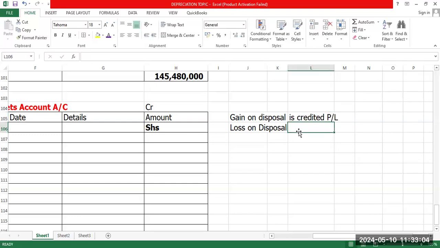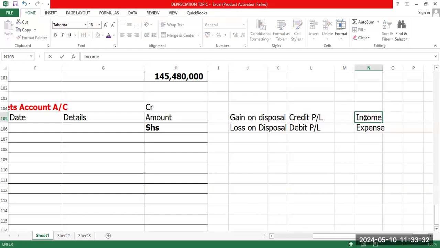If you get loss on disposal, you debit your profit or loss, because loss on disposal is like an expense. Gain on disposal is an income. That's why we credit profit or loss.